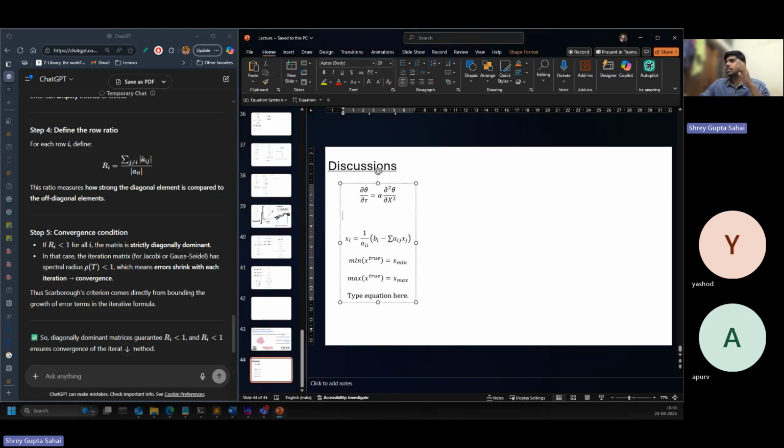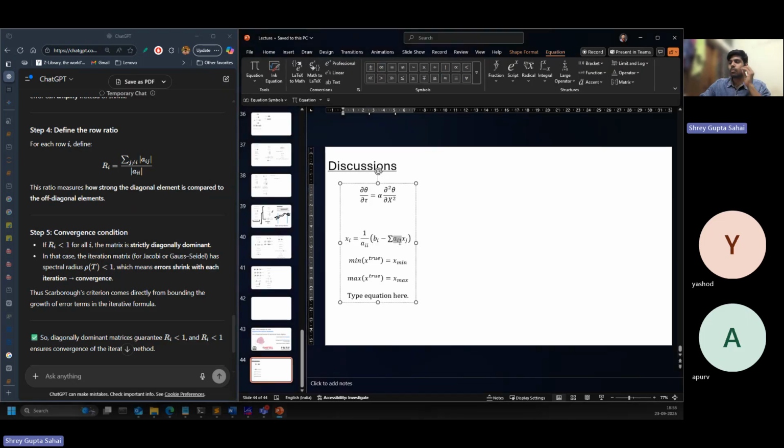So at least we can imagine in the case where AIJs are very small compared to AII, we know that this value is going to converge to BI by AI, right? Now suppose AIJs are large.